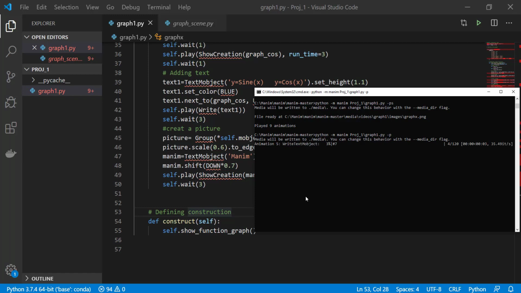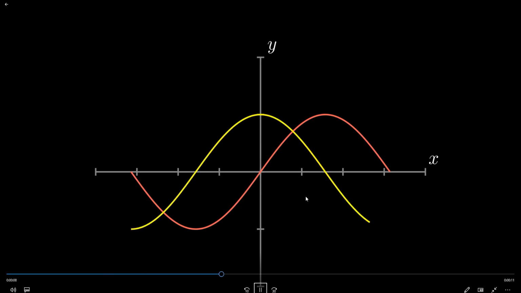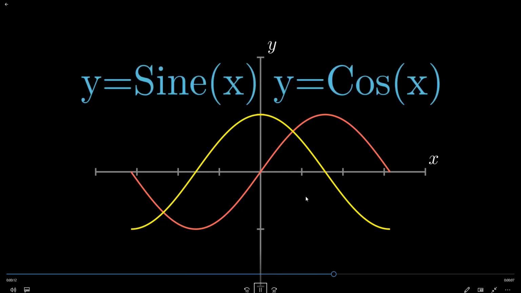This is for high quality animation, but after it's made, it's going to play it for you automatically. You see, when you have high quality, it's going to take a longer time, but the quality is very high. Even though the size of your file is going to be low, you're still going to have very high quality animation.